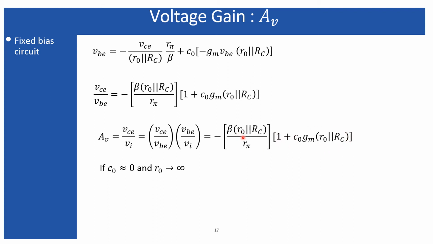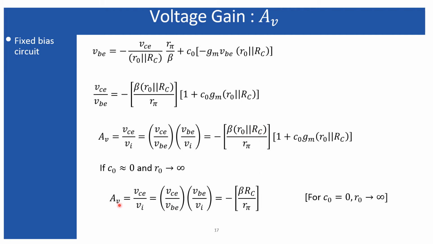And if R naught is equal to infinite, the parallel combination of this R naught with this RC will leave this RC only, because a finite resistance in parallel with an infinite resistance will leave the finite resistance in the expression. So finally, this expression will result for C naught equal to 0 and R naught tending to infinity.